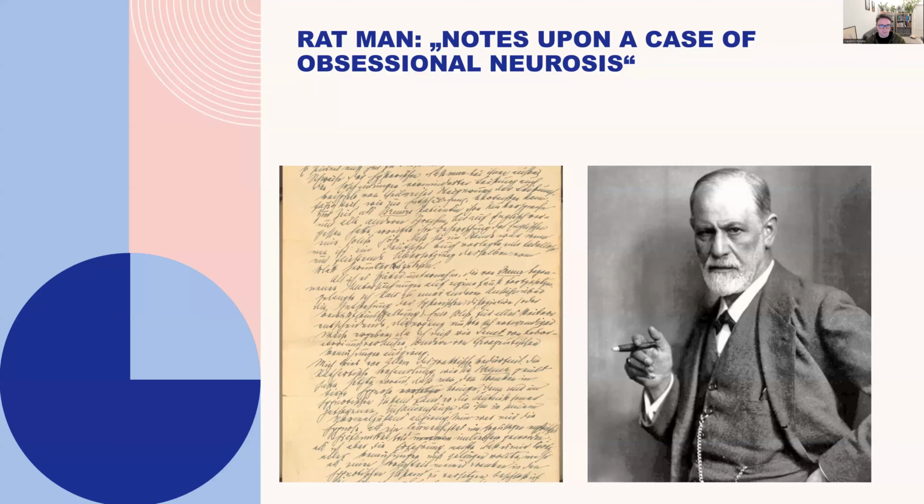In fact, I guess we could say that the history of OCD and psychoanalysis really do connect at this beginning, because incidentally, this was also the first time that Freud presented a case that was successfully treated with psychoanalysis. And the way that he titled the case was Notes upon a Case of Obsessional Neurosis. And that's how we got the name OCD.